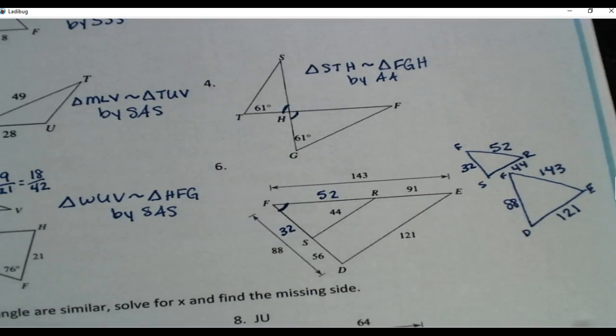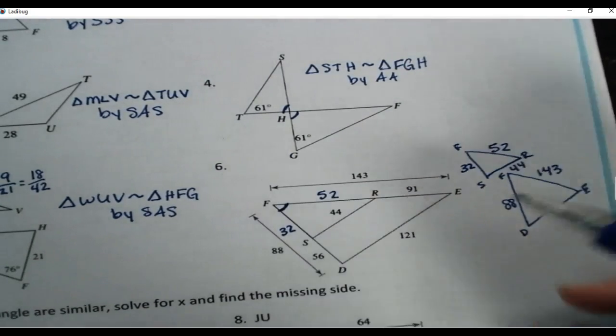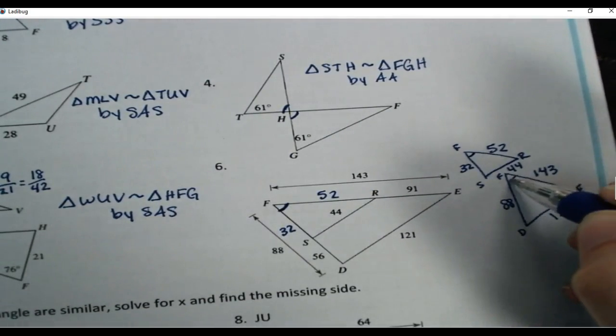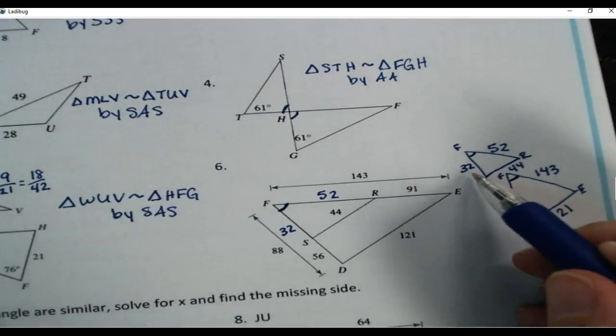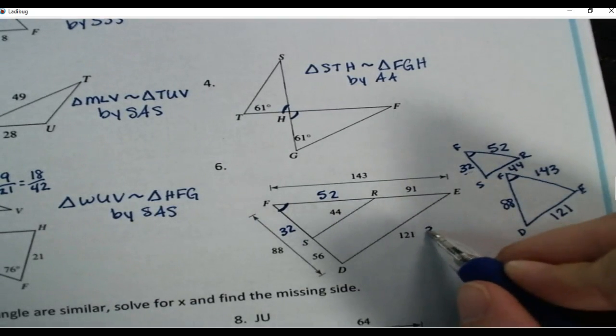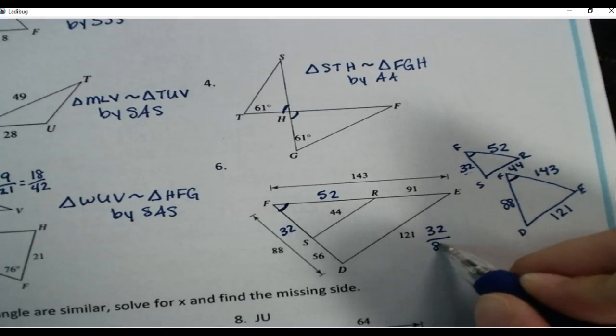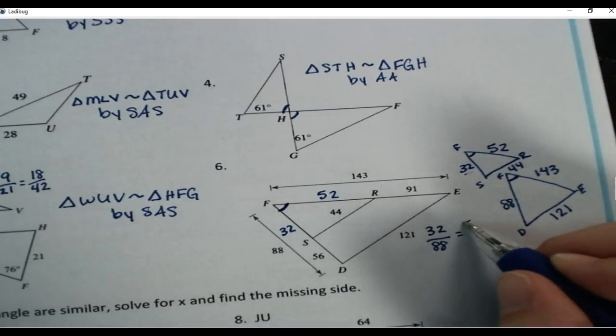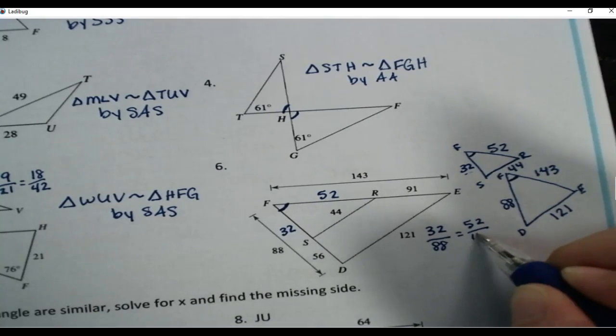Okay, now we can set up our proportions. Again, you can do side, side, side and set up all three, or you can do side, angle, side and set up two. It doesn't matter. So let's do side, angle, side, because we know that F is congruent to F. So I need to know if 32 over 88 is the same as 52 over 143.